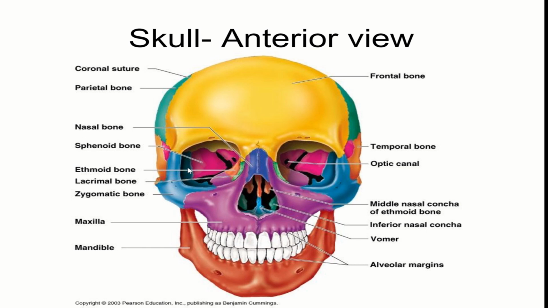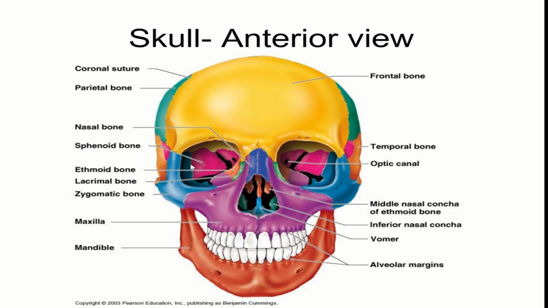So here we have an anterior view, and you'll notice on your notes that I have several specific terms that you need to label, and they have letters next to them. So the lines that have letters are the ones that you need to label, because the pictures are slightly different.